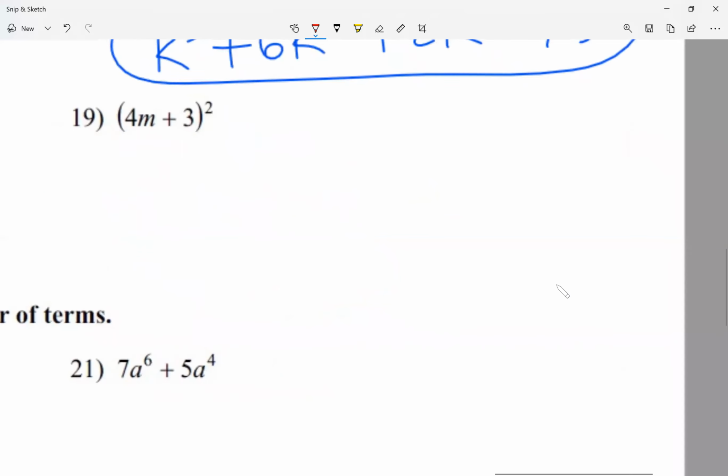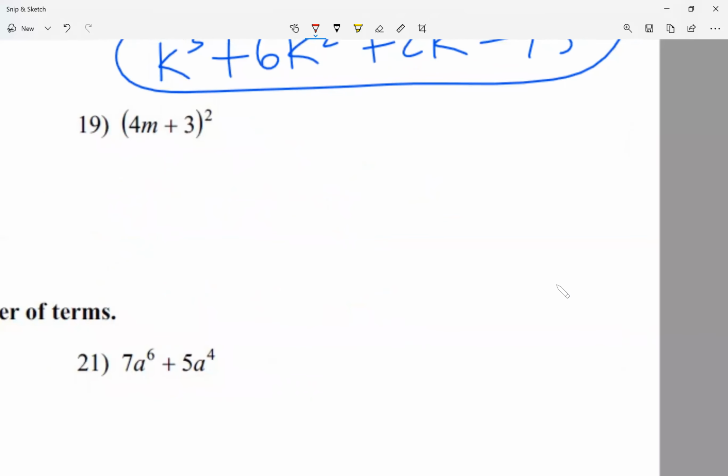Now, question number 19. I see an exponent of 2. What I'm going to ask you in this one is to literally write the parentheses twice. So you're going to go 4m plus 3, twice. When you see that exponent outside of the parentheses, literally write the parentheses twice.